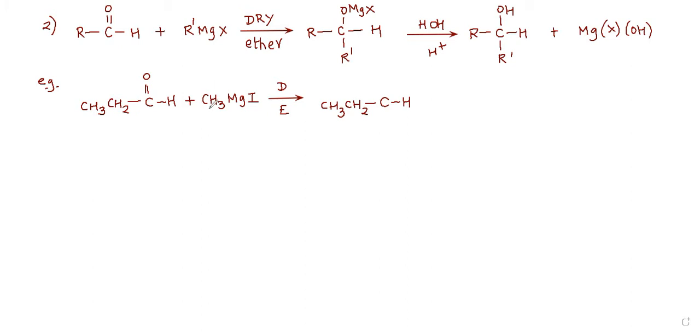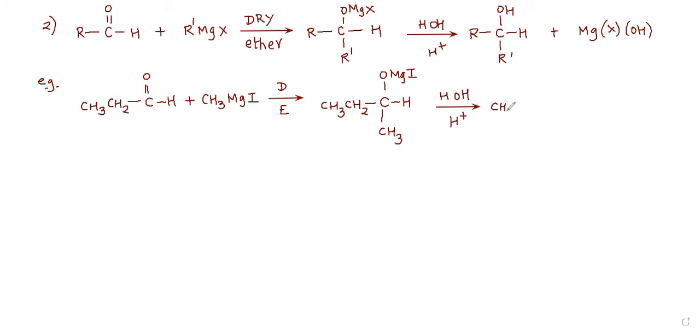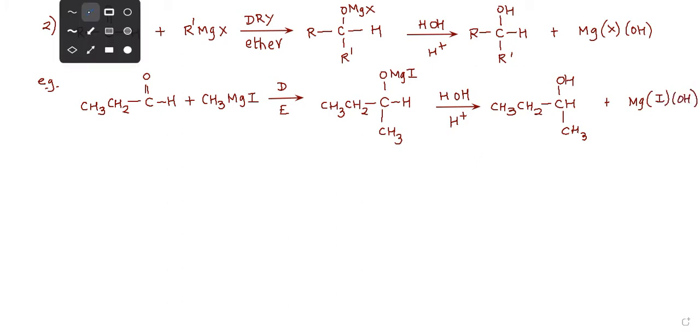Now this Grignard's group will attach here, CH3, and this will become OMgI. Next reaction with acid water, and that will produce CH3CH2CH(CH3)OH. I hope this is clear to everyone.